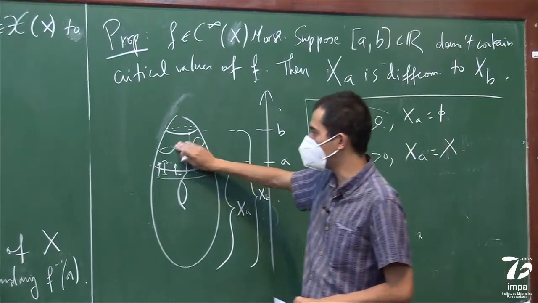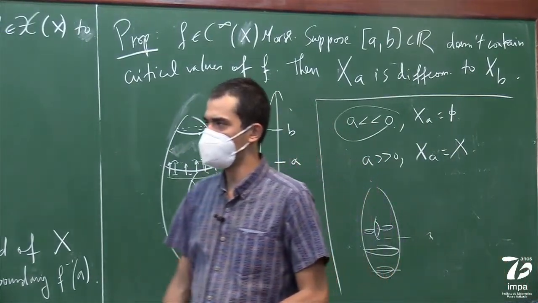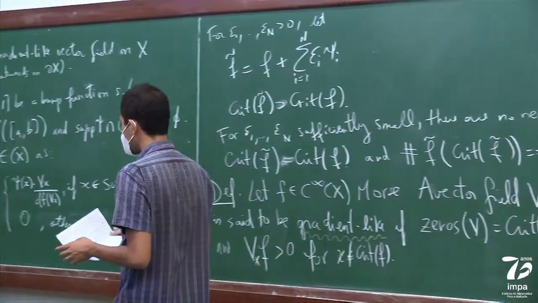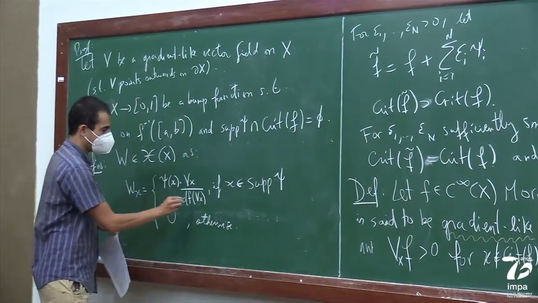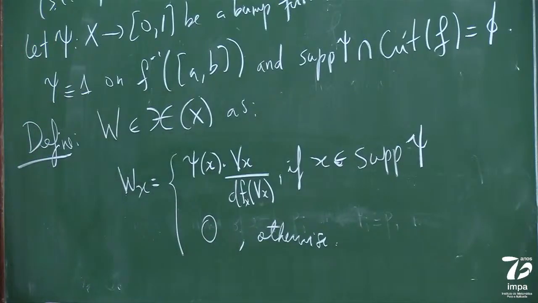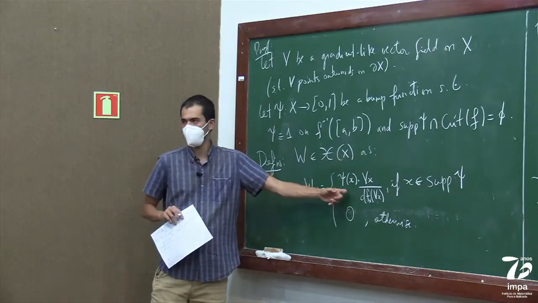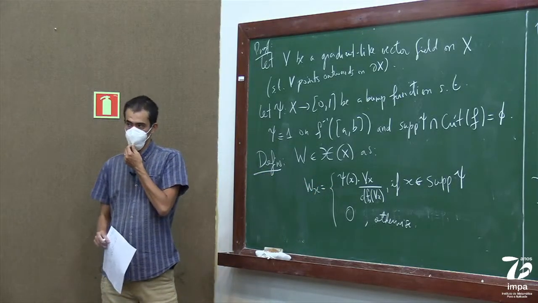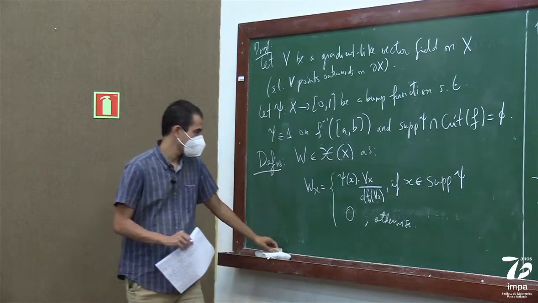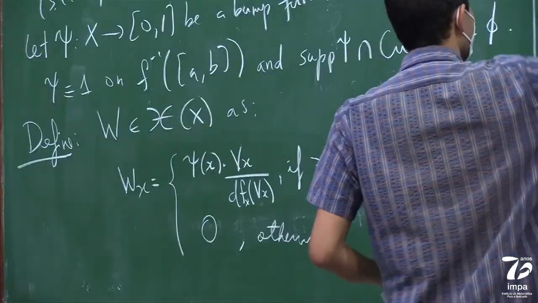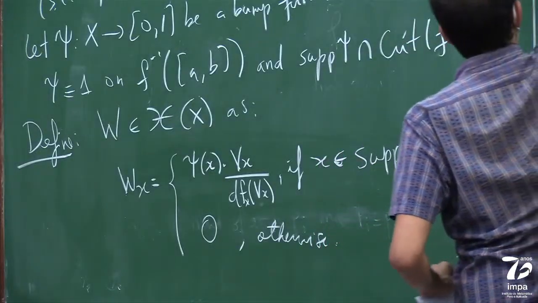So that's why you want to divide by df at v of x. But then you can't divide by df when df is 0. So that's why I put the bump function here. Okay? All right, so this is a vector field with compact support. So it's very nice.